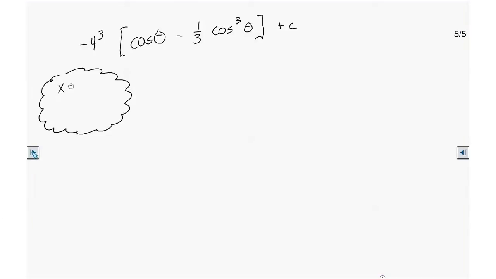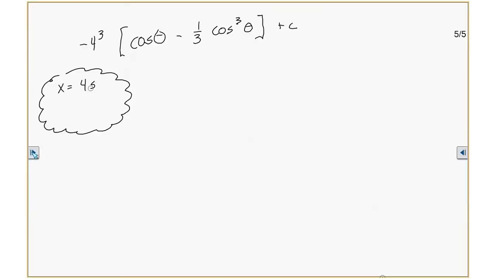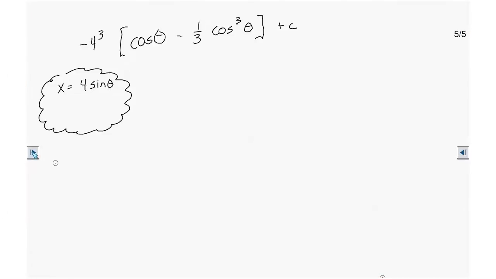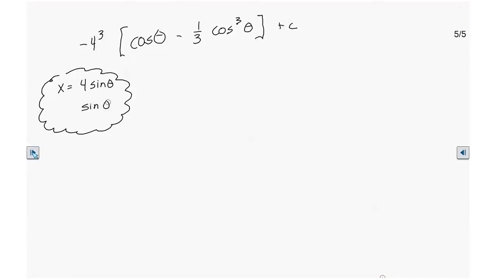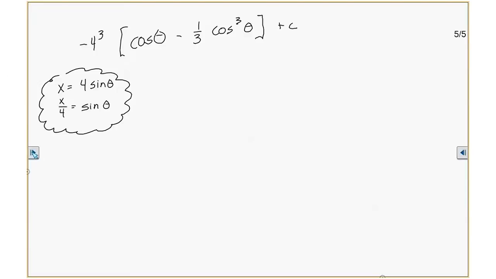X is equal to 4 sine theta. So I'm going to solve that and say sine of theta is equal to what? X over 4.